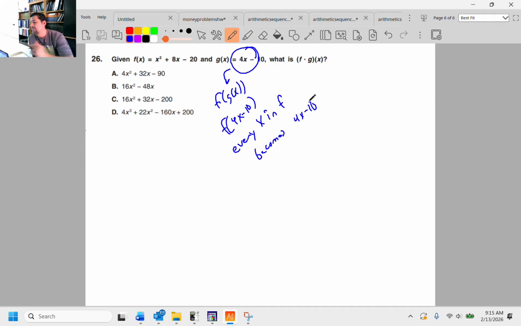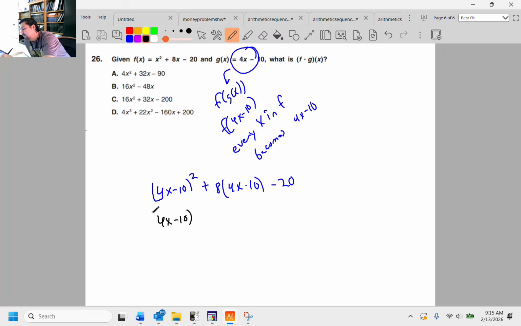All it means. So here's an x. It becomes 4x minus 10. It has an exponent of 2 plus an 8. There's an x. It becomes 4x minus a 10. And then we have a minus 20. Now, everybody and their mama knows that if something's squared, you write it twice. Of course, everybody knows that, but they don't actually do it.